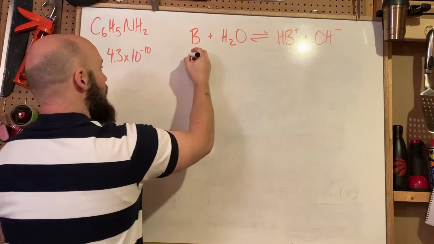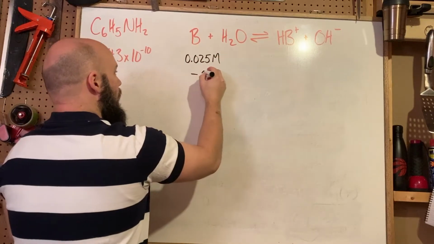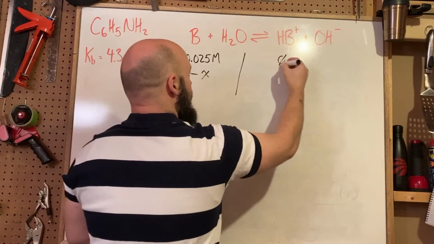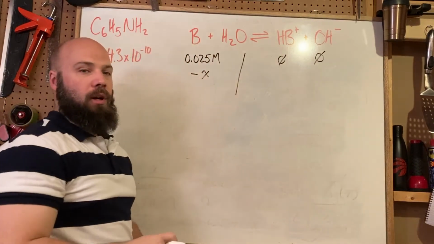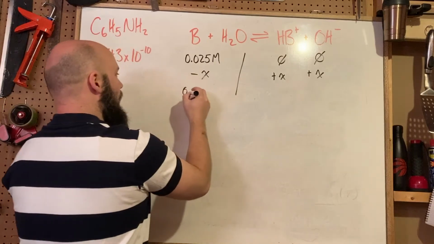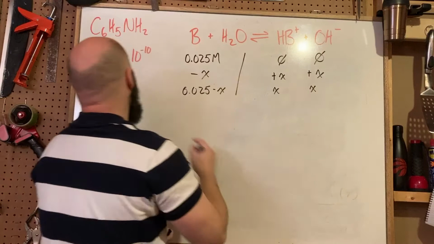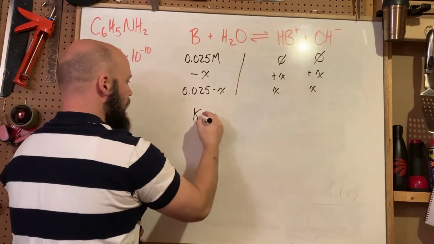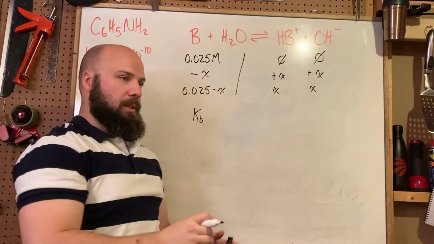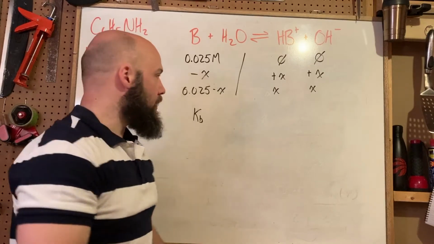So if we initially start with 0.025 moles per liter and water will not have a concentration, there is no concentration of our conjugates initially, so these are plus X. You have an ice chart completed just like so that your Kb, remember that's the equilibrium concentration for aniline, a specific base. These are constants. You can look them up in various tables.